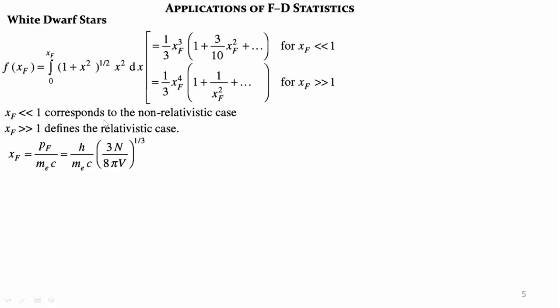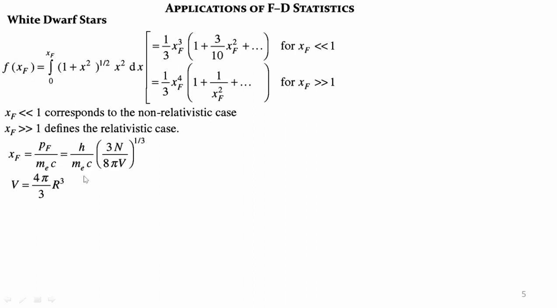Whenever we will be talking of a non-relativistic case, we will be taking the x_f very less than 1 condition. And when we are going to talk about the relativistic case, we will be putting this condition. So whenever we are talking about the non-relativistic case, we shall be using this expression for this, and whenever we will be talking about the relativistic case, we will be taking this expression. Now, we have made some further substitution here.